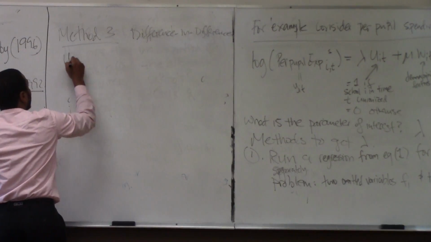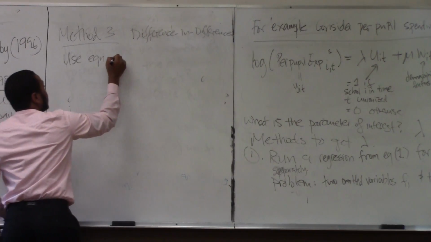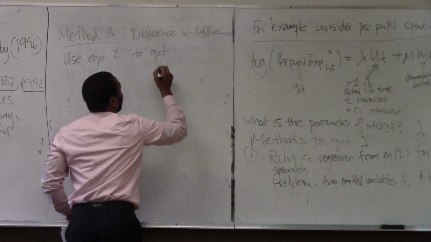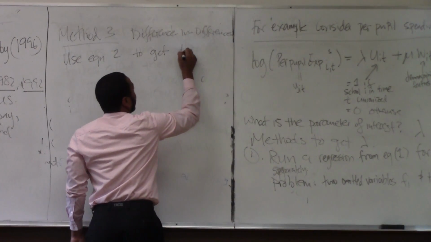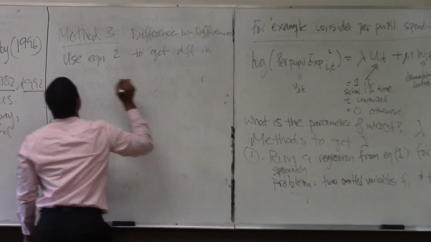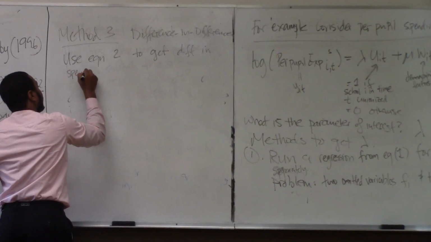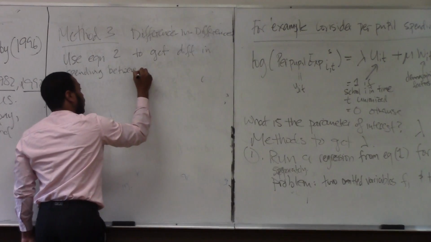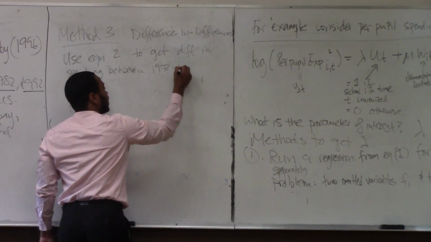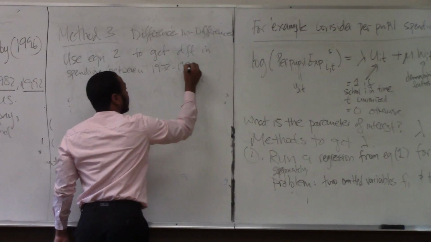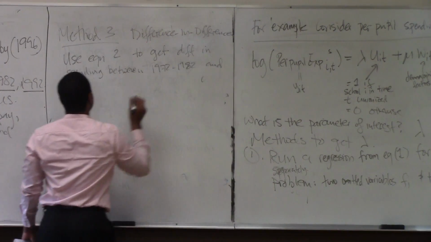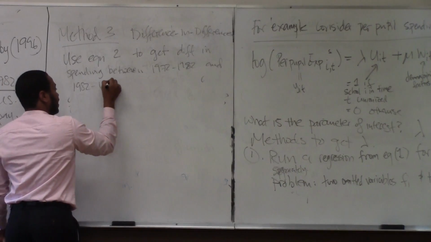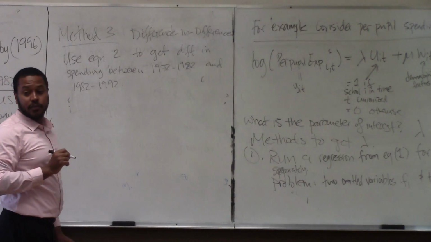We use equation 2 to get the difference in spending between 1972 to 1982 and between 1982 to 1992, right?